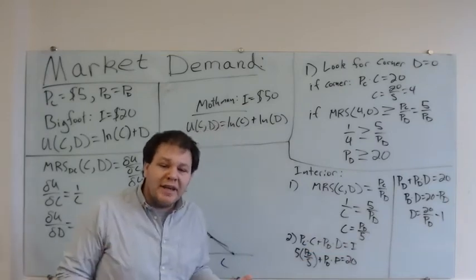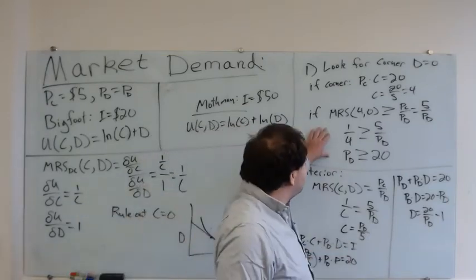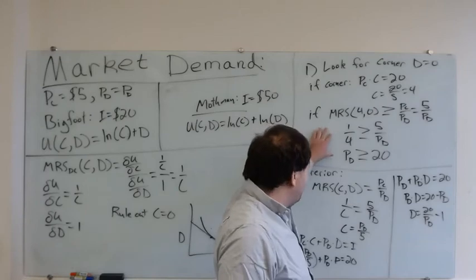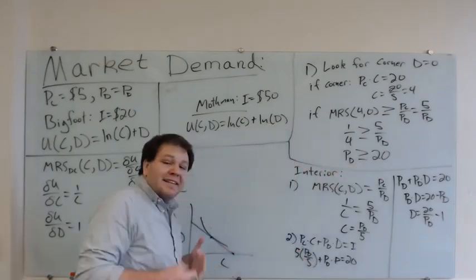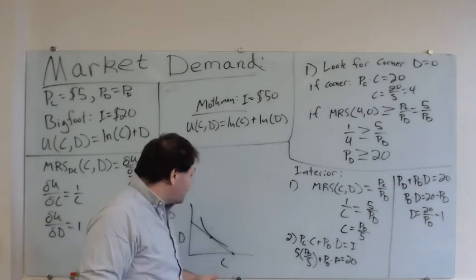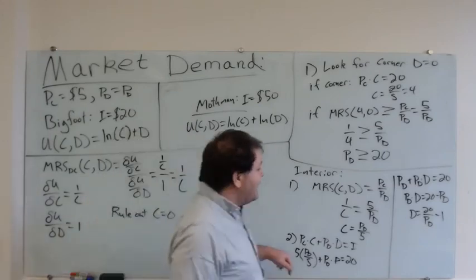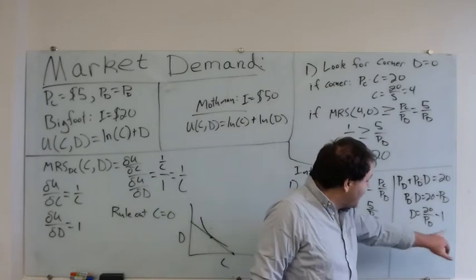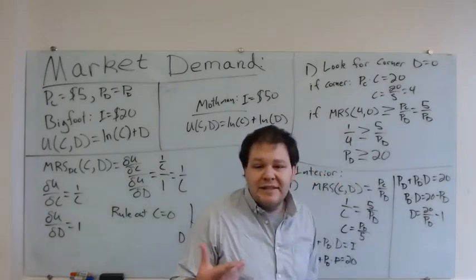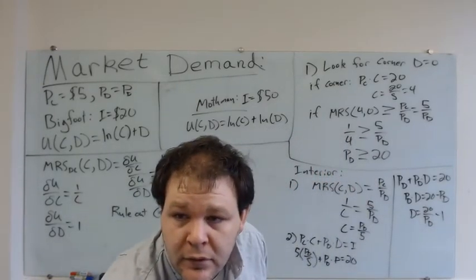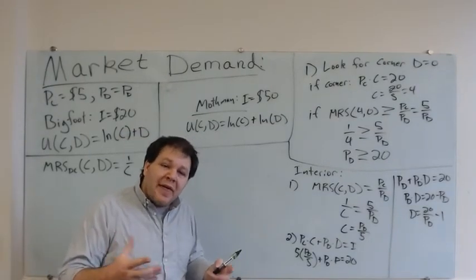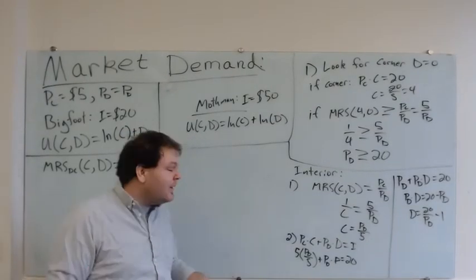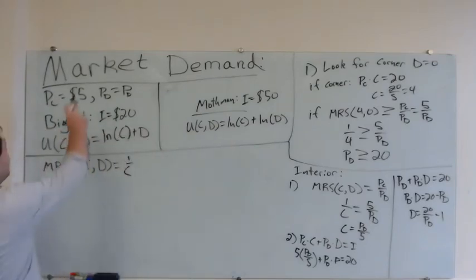We have a corner solution where we buy 0 dollies if the price of a dolly is greater than 20. If the price of a dolly is less than 20, we're going to have an interior solution, right? Because we've ruled out both corners. And in that case, the number of dollies we're going to buy is 20 over PD minus 1. So we can take these two pieces of information and put them together to create a single piecewise function that tells us how many dollies Bigfoot is going to demand at any given price of a dolly painting, right?